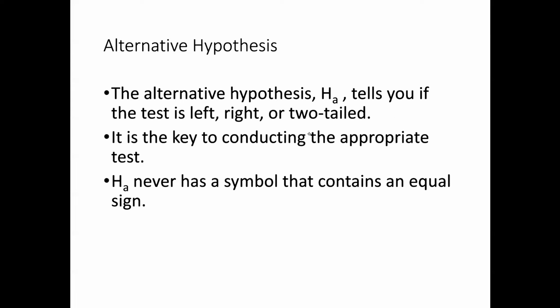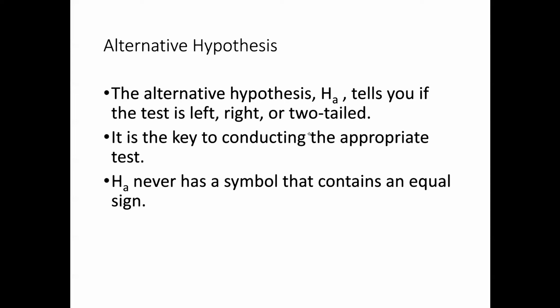The alternative hypothesis, H sub A, or in your problems in this section, it may be H sub 1, tells you if the test is left, right, or two-tailed. It is the key to conducting the appropriate test. And you must know this. You must know if it's left, right, or two-tailed.